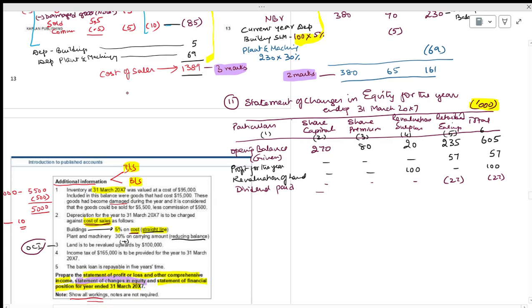Now, do the total. 270, 80, 120, 235 plus 57 minus 27. How much? 265, 735. Are you clear about this? Yes.